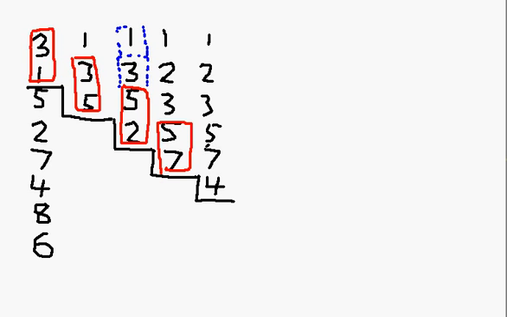Okay, I'm going to look at the 4 and the 7 now. Now the 4 and the 7 are going to need to be swapped, so I'm going to need to compare the 4 with the 5, which will require a swap, and the 4 with the 3. Now that won't require a swap, so I can stop there, stop the comparisons.